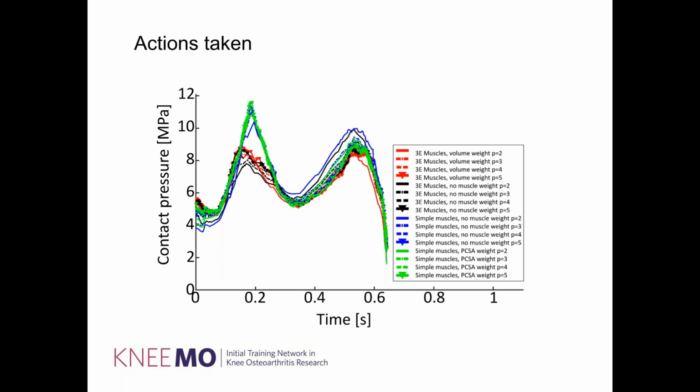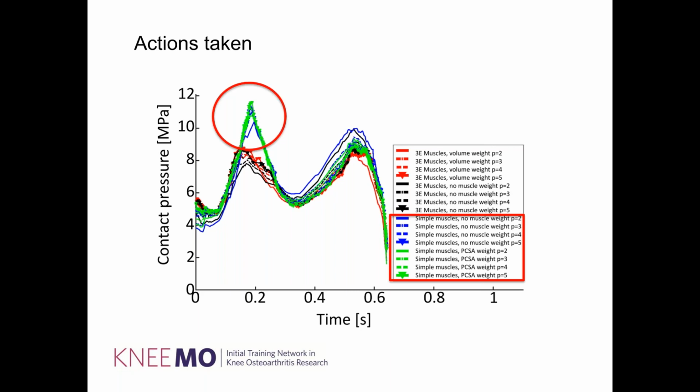Initially we had simple muscles, just one element, and when we changed those muscle models into a 3-element muscle model, we saw a huge drop in the contact pressures during the first peak of the stance phase of the gait cycle.